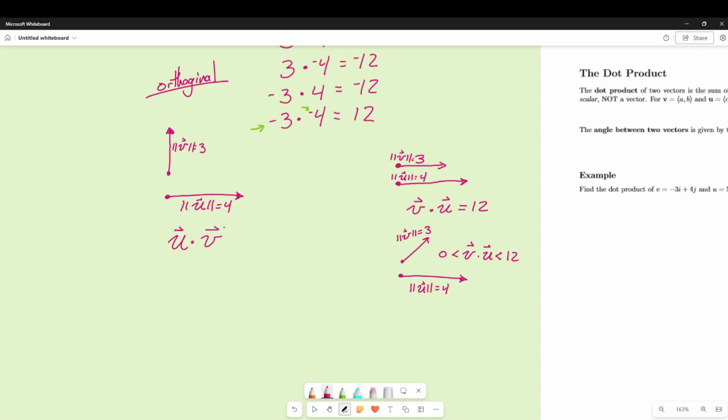I mentioned work. You can imagine if you were trying to pull something. If you were trying to pull 3 pounds of force in this direction, you would do as much work as you possibly could. All the work of pulling is pulling it in the direction of this vector u. So all of your force is going in that direction.